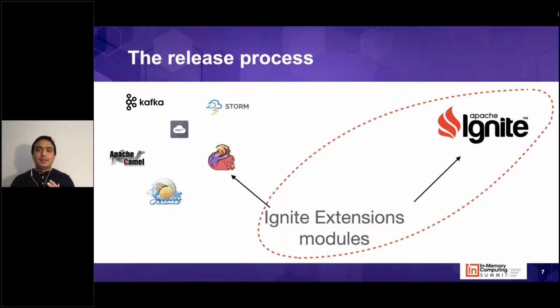So how does the release process look in the current scenario? As Apache Ignite grew over time and new extensions got added, the project has grown to a larger code base, right? And we have Apache Ignite extension modules, all of them getting released with the Apache Ignite core and main release branch.